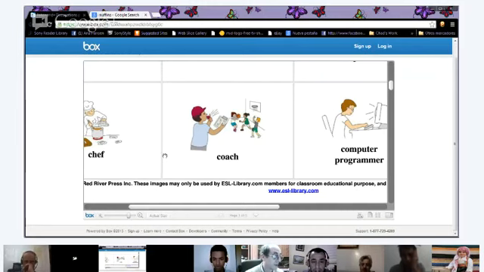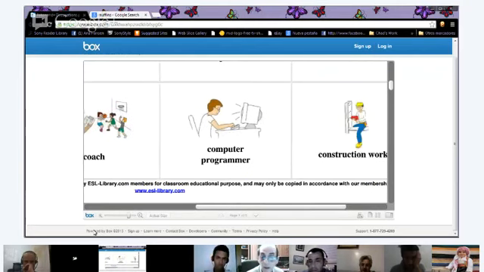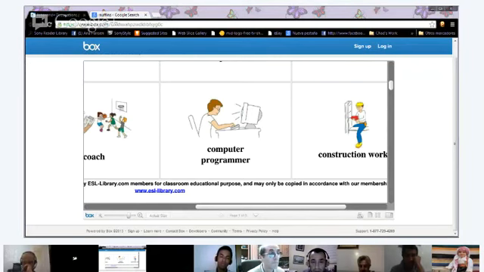Okay, excellent. How about our next word here? And this is for Shadi. Computer programmer. A computer programmer. I don't remember hearing about anybody being a computer programmer in class.